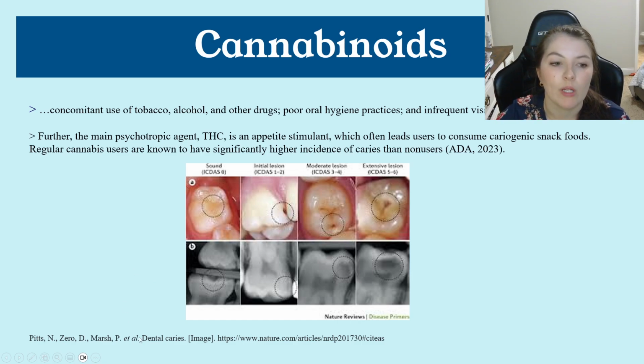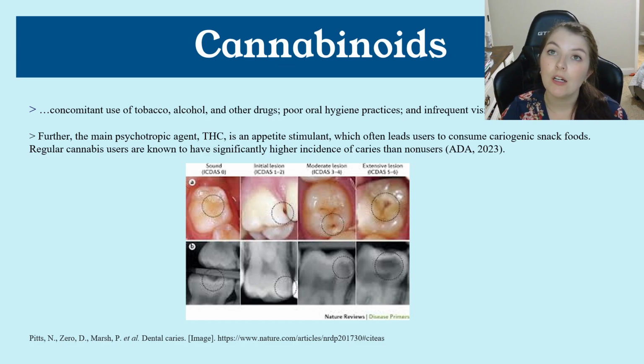So cannabinoids. We talked about these earlier. This is otherwise known as marijuana. The main active ingredient in marijuana is THC. This can act as an appetite stimulant, which then can cause people to want to eat more sugary foods that are not good for our teeth.